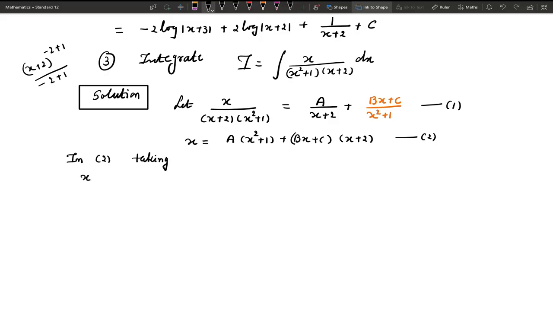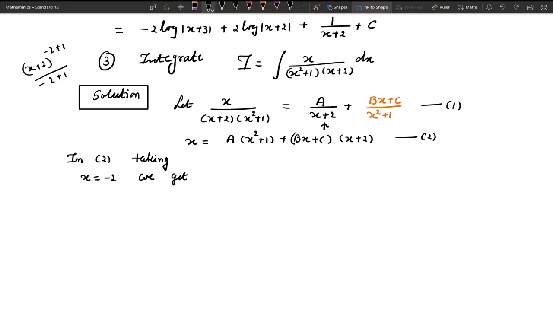Taking x equal to minus 2, we select it in such a way that the denominator of a will be 0. When you take x equal to minus 2, your denominator will be 0. So that's why it will give the value for unknown a.